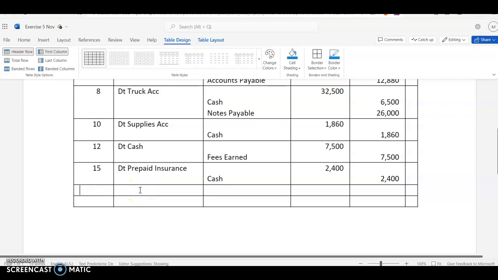November 23rd. Record jobs completed on account. Job completed on account means that we have performed these services and we have sent invoice to customer, but customer haven't paid, so we haven't received any cash yet, so we have to create accounts receivable.